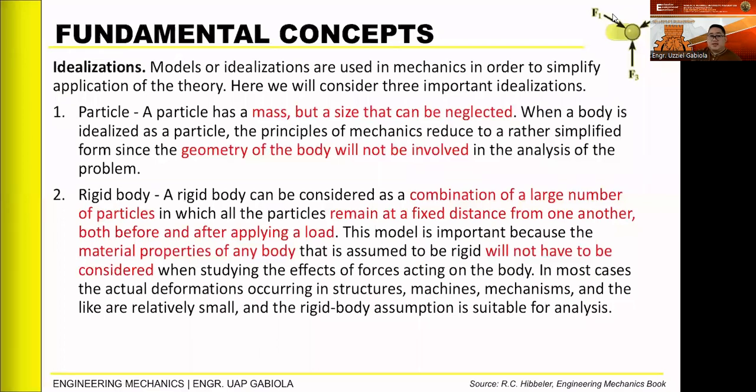So when a body is idealized as a particle, the principles of mechanics reduce to a rather simplified form, since the geometry of the body will not be involved in the analysis of the problem. Okay? So what would be an example of this? Take the size of the Earth, comparing it to the orbit of all the planets. Earth can be modeled as a particle.